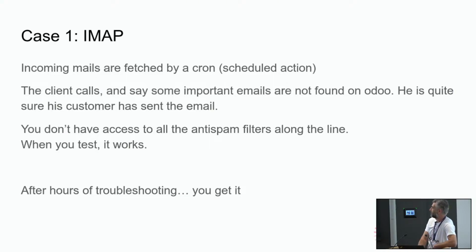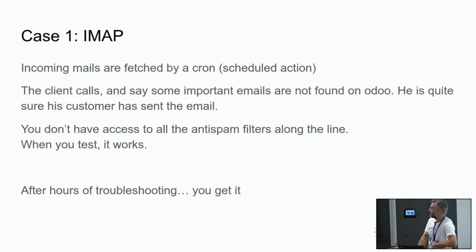And then your client calls you, and they say they don't find all the emails they should have. And the client is usually sure his own customer sent the email. If it's checked, it's something that happens.